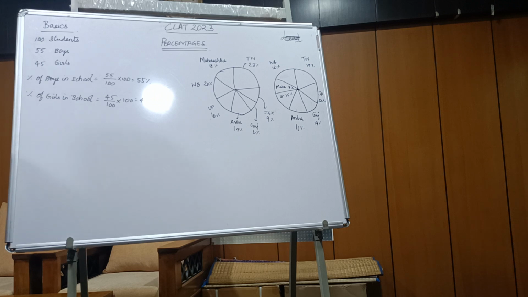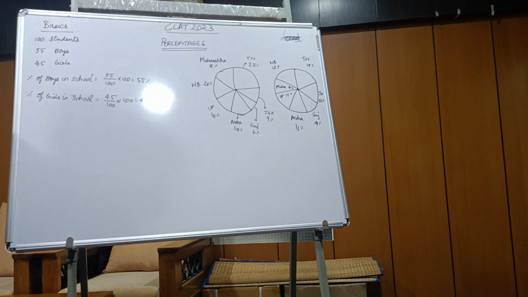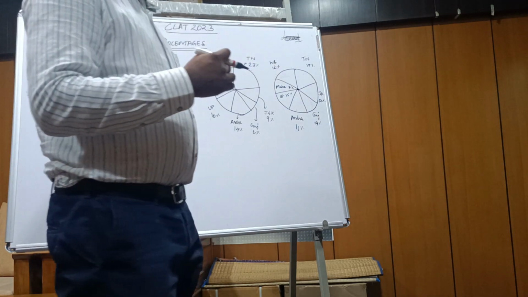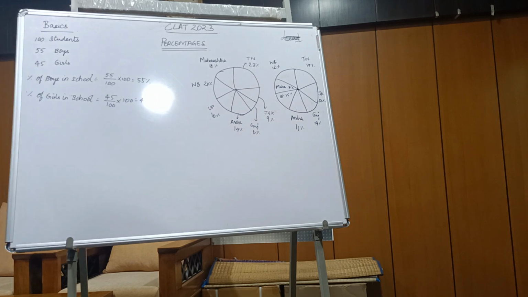If I had to say a percentage increase or percentage higher than a certain quantity, we have to have a comparison. We are comparing two different numbers, one which is less and one which is more than the other.